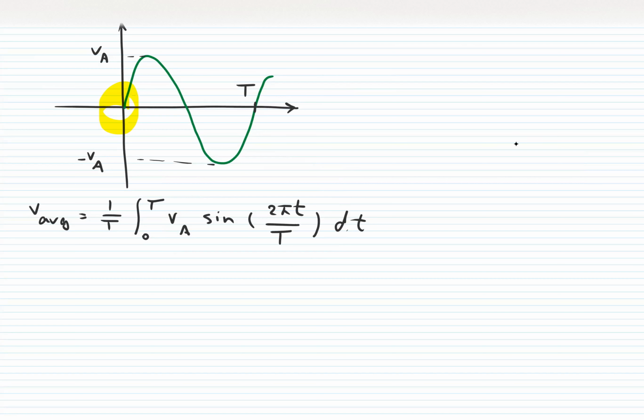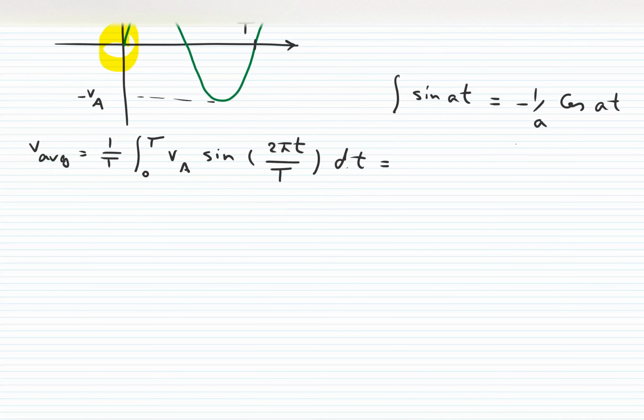Okay, so now we want to find the integral of this signal. We know that the integral of sine is negative cosine. Of course, the integral of sine of at is equal to negative 1 over a, cosine of at.